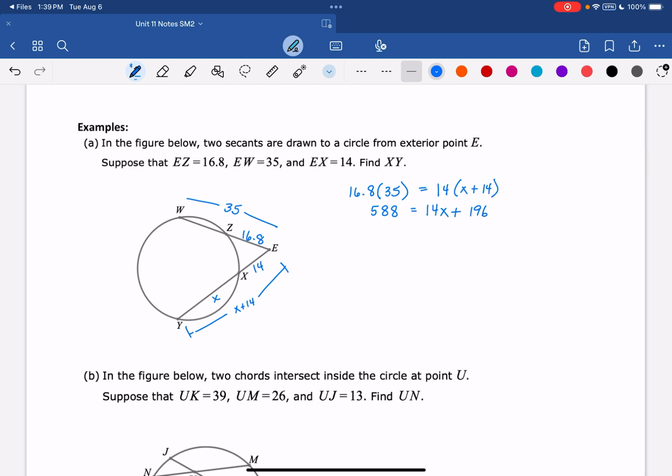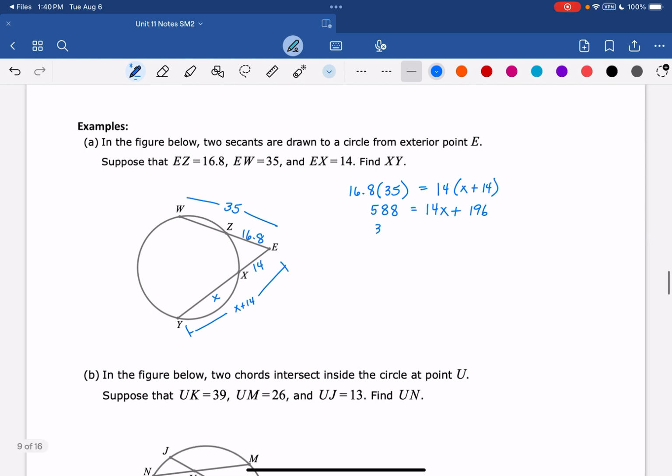So then we've got 588 minus 196 is going to give us 392. That's equal to 14x. Divide by 14, and we get that x is 28, which means XY that we were looking for is 28.